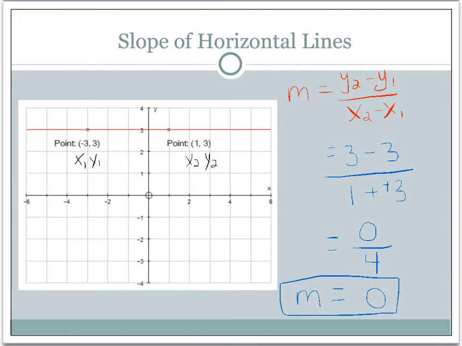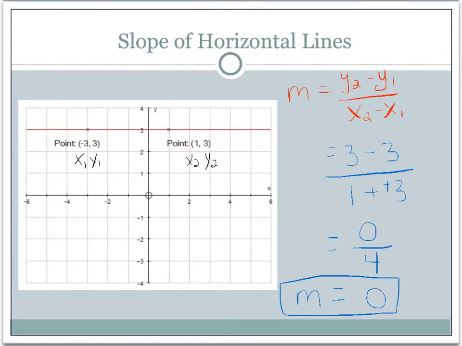Now for those of you who actually want to use the rise over the run equation, because it seems a little easier when you're given a graph, let's go ahead and try that. Let's move from this point to this point. So if I start here, I would have to rise and run. Well, if I rise up or down, I'm going to move away from that point, and I'll never reach it when I start to run one direction. So that's why the rise is actually 0.